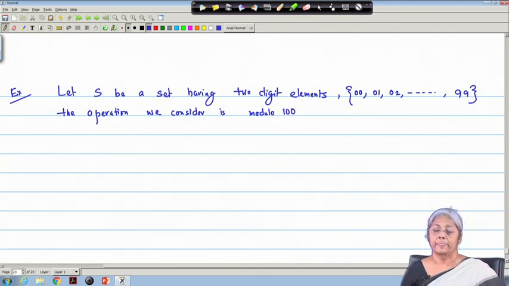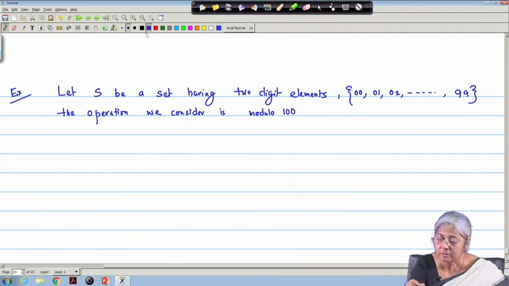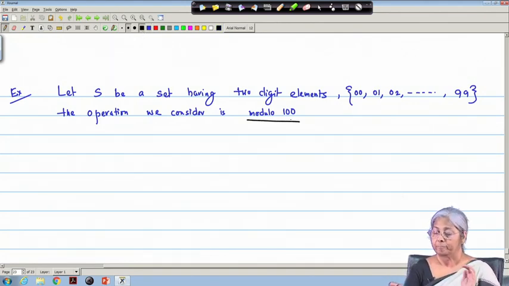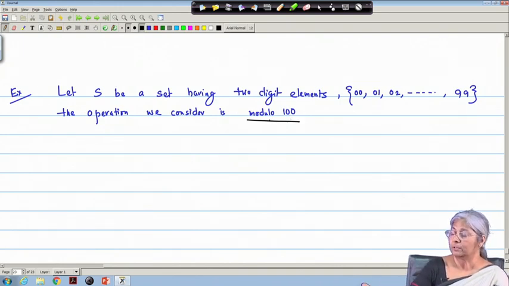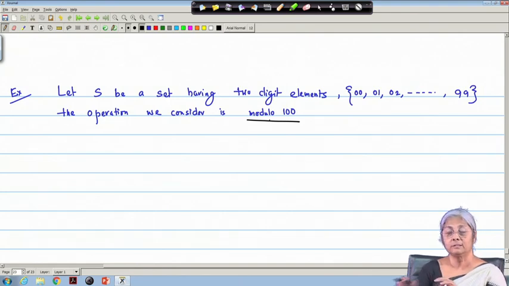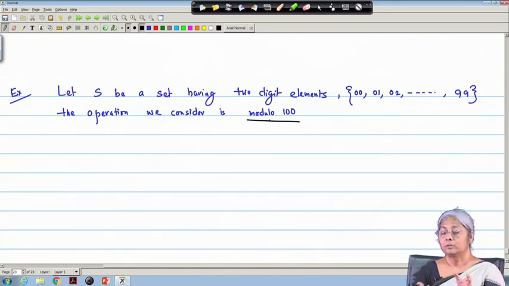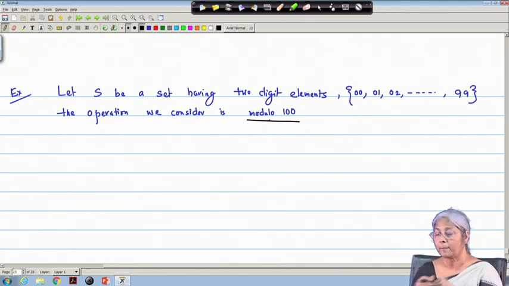That means, what is this operation? The modulo 100 is: if I take one number and divide it by 100, we will be taking only the remainder. Since 100 is the least 3-digit number, the remainder can be only up to 99. That means it is closed. So this is the modulo operation.